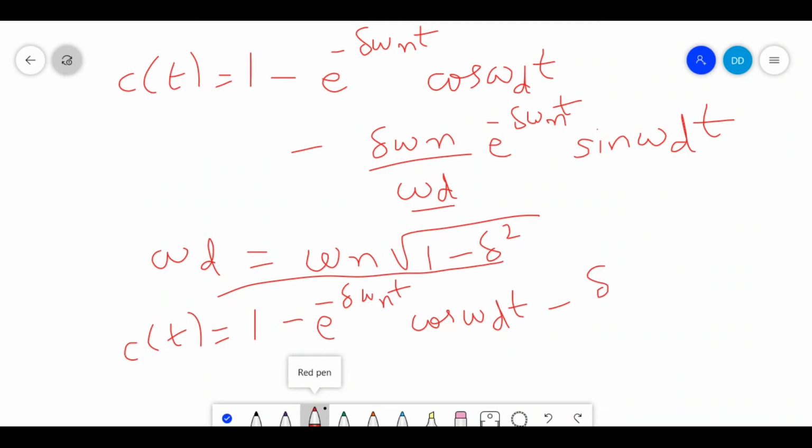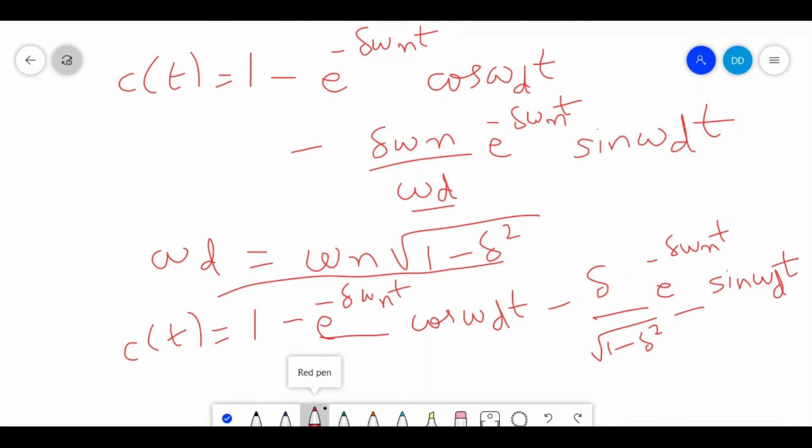So we have delta divided by root of 1 minus delta square e to the power minus delta omega n into t sin omega d t.